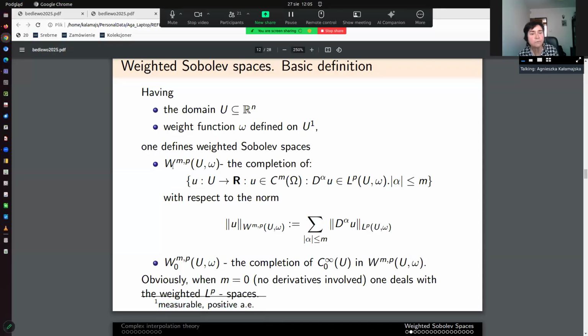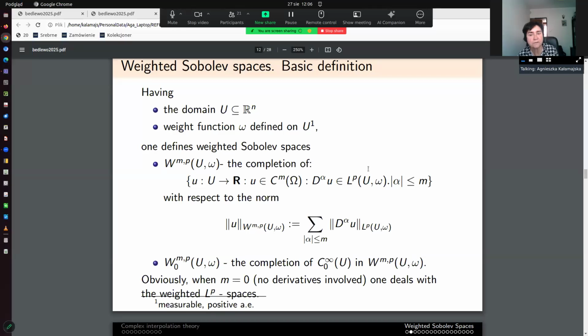Then, what do we mean by Sobolev spaces? Let me say there are many definitions. I will use that one. I consider all functions u which are defined on the domain, and at the beginning, they are of class C^m, and all their derivatives up to order m are in L^p on that domain with respect to that weight function omega.